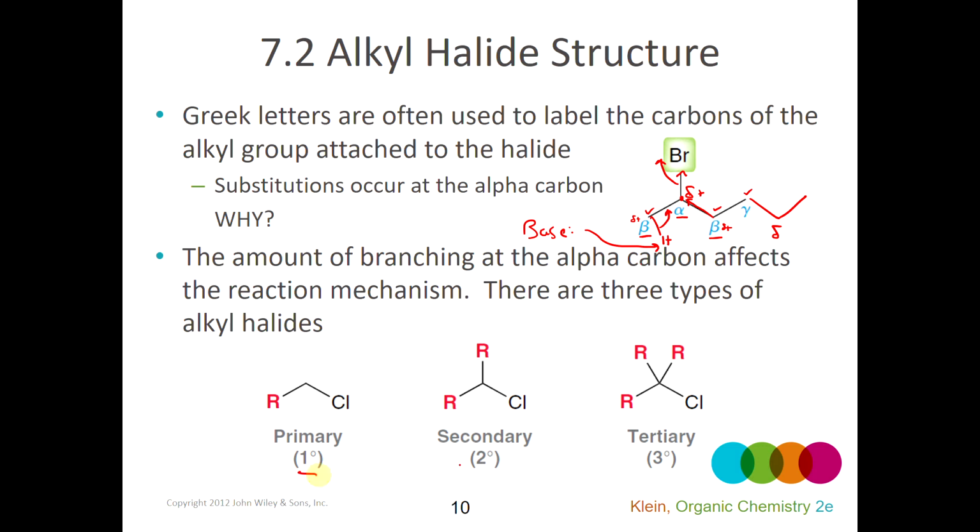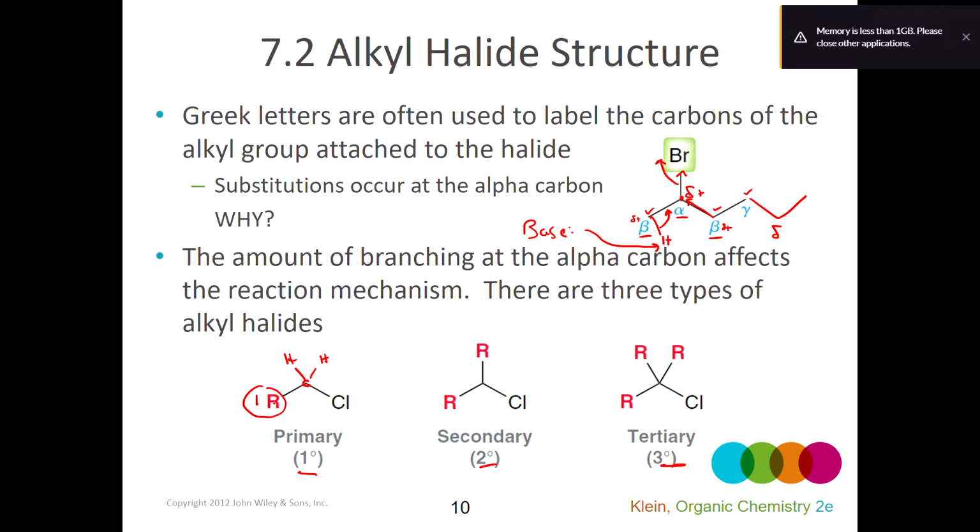We're also going to use this terminology, primary, secondary, tertiary. These terms refer to the carbon that the leaving group or other group of interest is attached to, and how many carbons are on that carbon. So this carbon here has a couple hydrogens. It has one carbon. R represents a generic carbon group, so it has one carbon attached to that carbon that the chlorine is on.